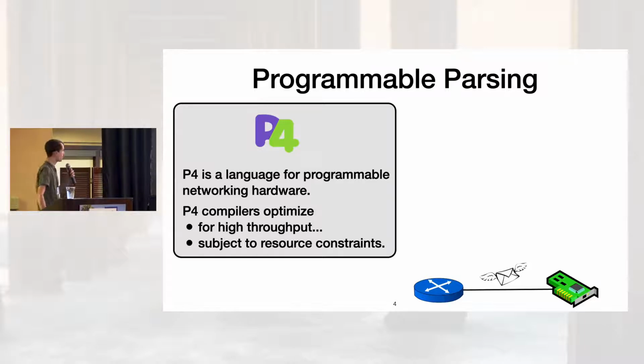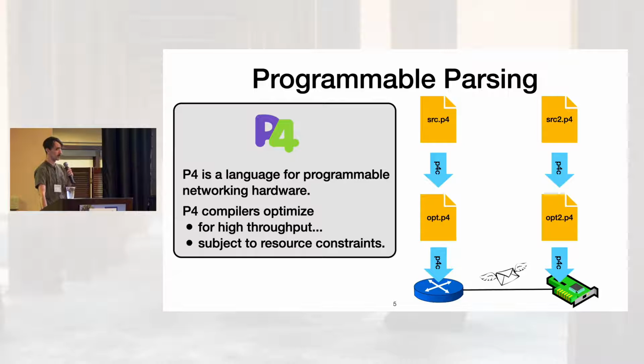And for P4, the situation is something like this. Because P4 is a reasonably high-level language, it's not actually what's going to happen on the hardware device. You're going to optimize your parser heavily to meet throughput requirements of modern networks, and you're also going to have to move things around to meet the strange resource constraints of your hardware accelerator or your other target.